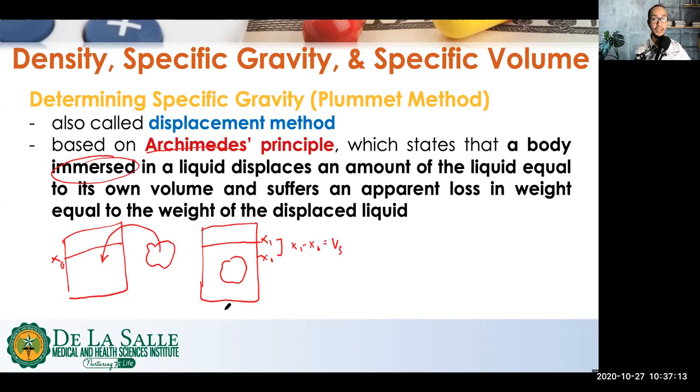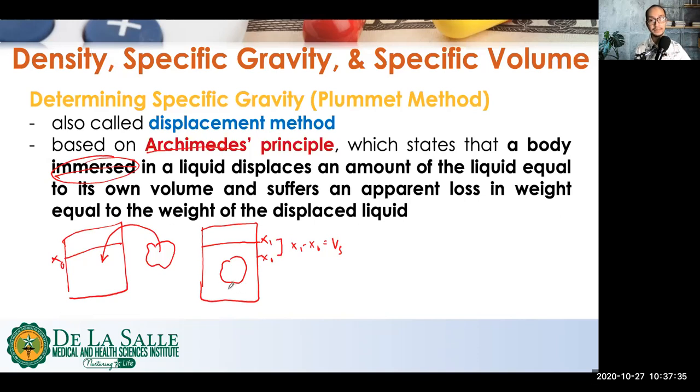That's the volume of the irregularly shaped solid. But that is only true when the solid is completely immersed in the liquid. We'll have to make adjustments if the solid is not completely immersed in the liquid.